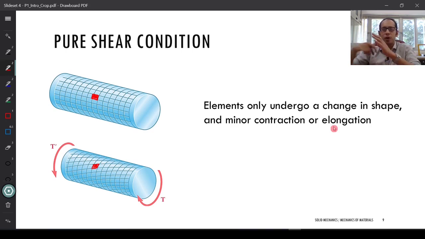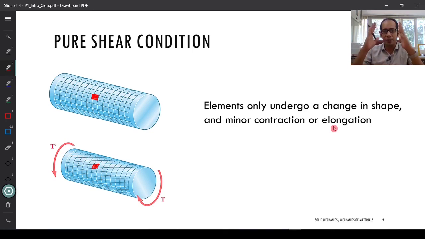Now, from what we have learned until now, do you remember what kind of stresses in an element cause these kinds of shiftings? Remember, the elements where you are simply applying a force on the sides and it just undergoes a change in shape without undergoing expansion or contraction. Yes, you have guessed it right. These are the elements which are in pure shear.